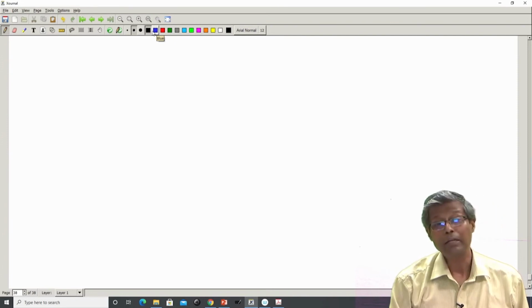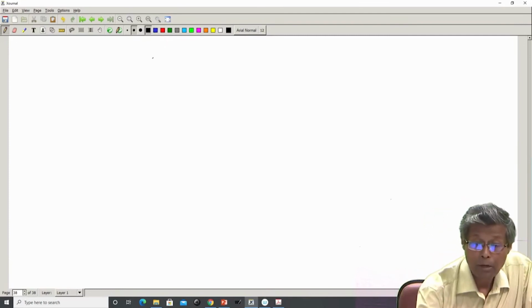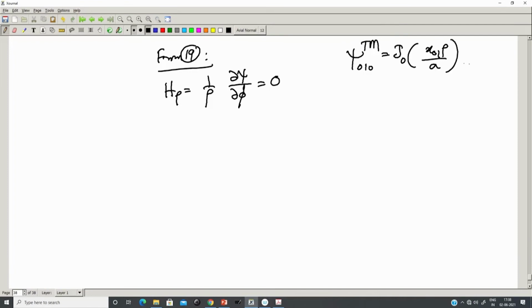So, we go to equation number 19 for the TM to z modes, and from 19 we obtain H rho as 1 by rho del psi del phi is 0, because psi has no phi variation. Again, psi for TM010 was J0 x01 rho by A, it has no phi variation.